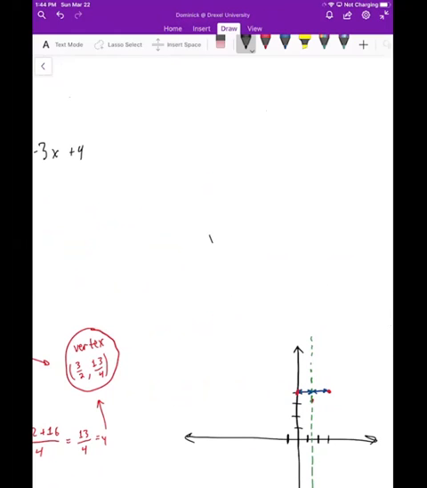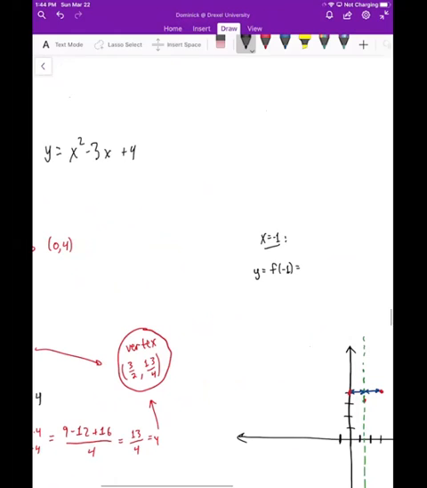So if I make x equal -1, then my y-coordinate that corresponds to that will be -1 squared minus 3 times -1 plus 4. So I'm going to get a +1 plus 3 plus 4. So we get an 8 there. So this will be 5, 6, 7, 8. And we get another point here.